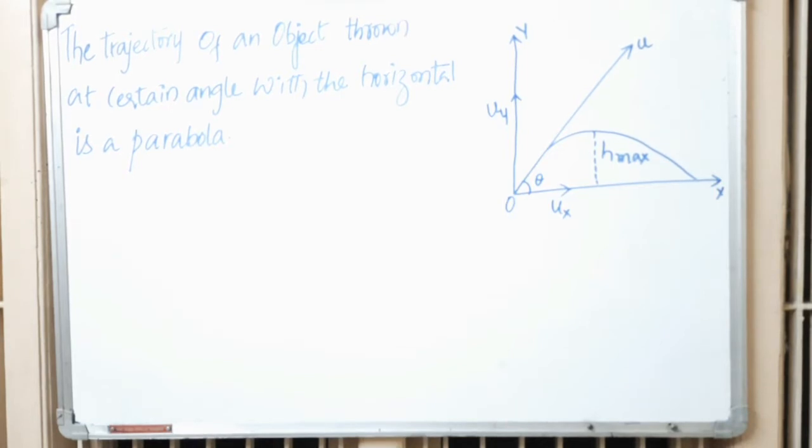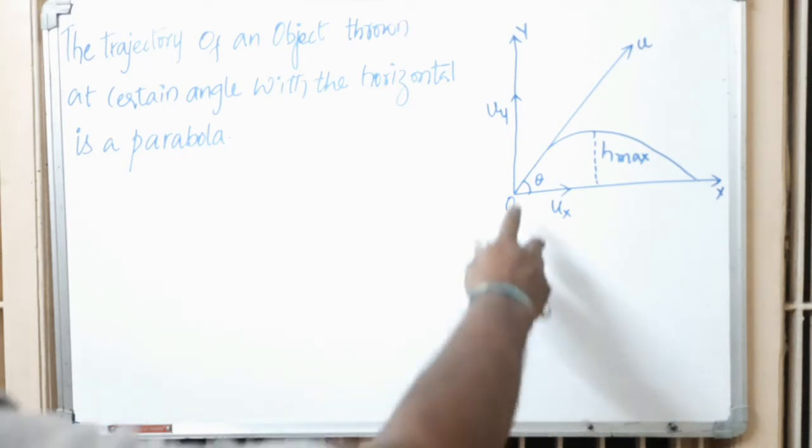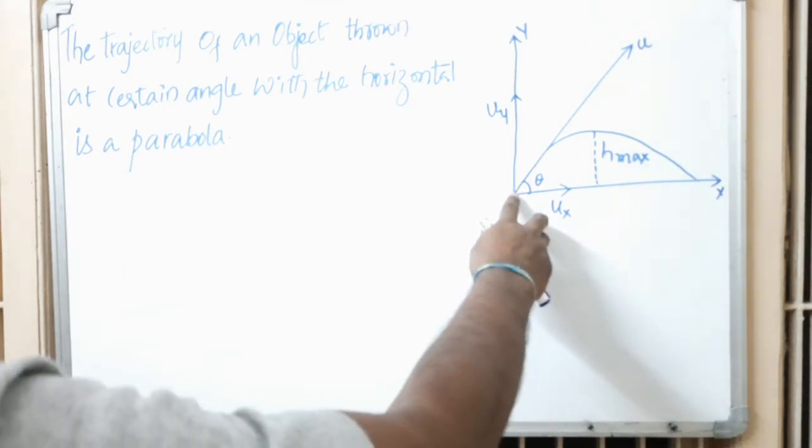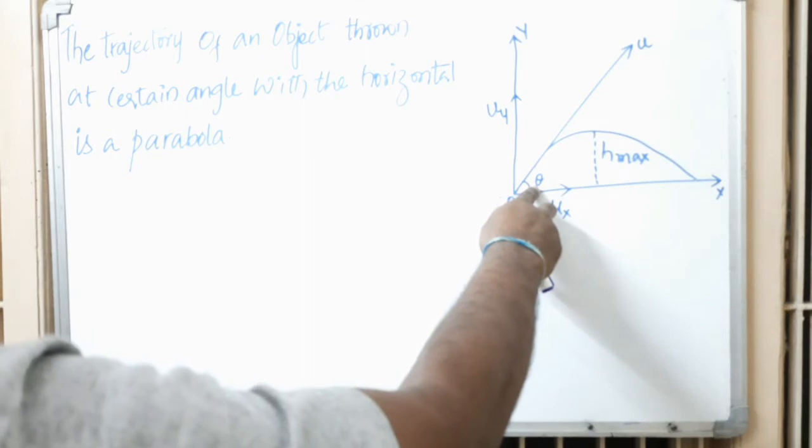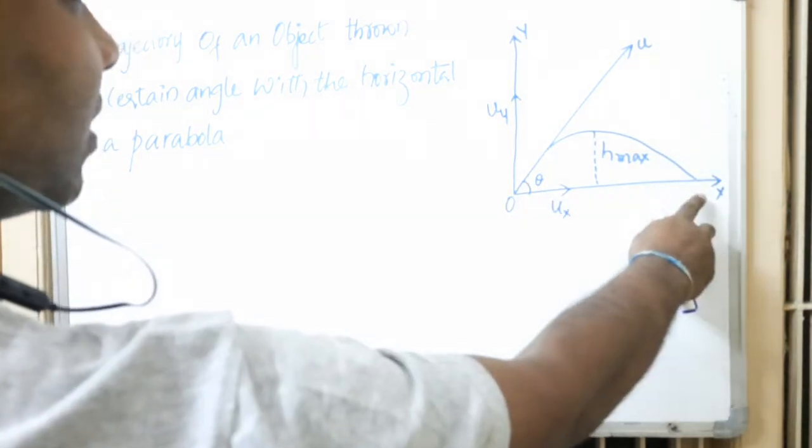Today we are going to discuss a topic related to physics, class 11. The topic is that the trajectory of an object thrown at a certain angle with the horizontal is a parabola. Here we throw an object, making an angle theta with the horizontal.